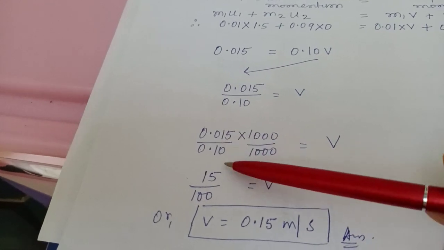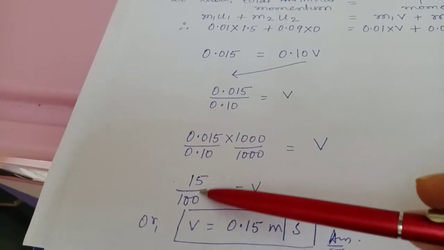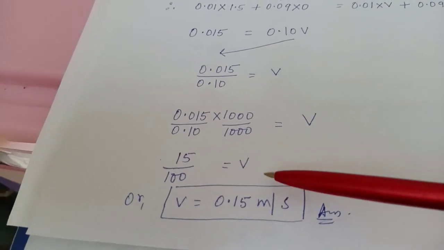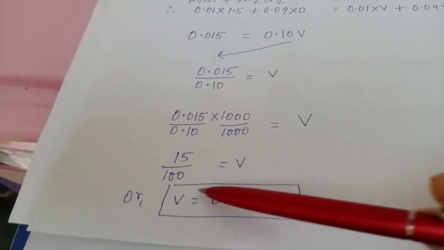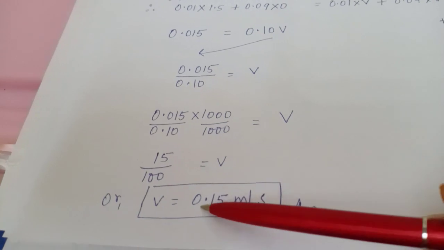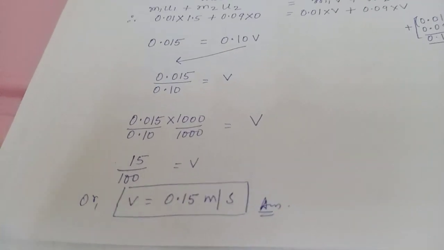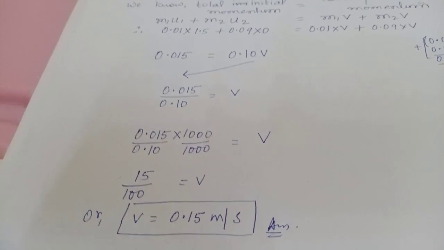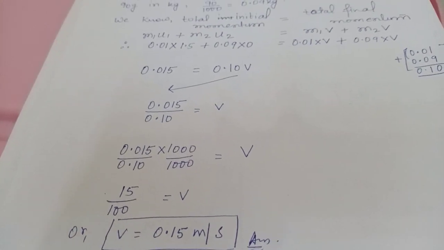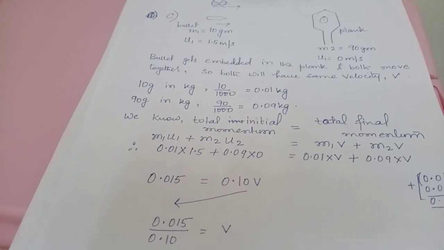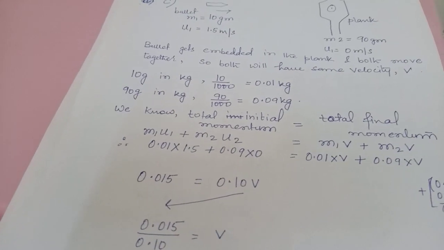So if you do, this is what you will get, right? And then v equals 0.15 meter per second. That is your answer. Question number 7D, you can solve on your own, and I'll also give some more questions that you do and submit. Okay.